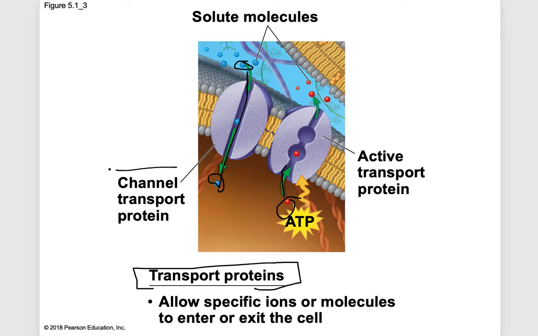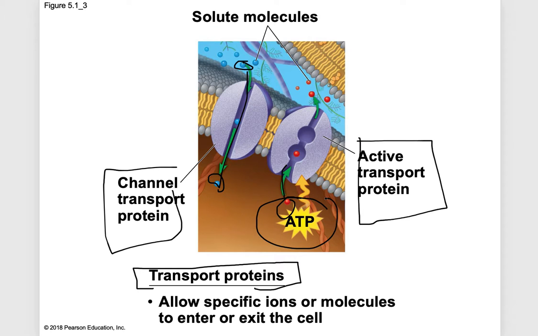One example is a channel protein, kind of just like a little hole in the membrane. Another one is an active transport protein. So anytime something is active, it has to have something called ATP, which is our body's main energy currency.